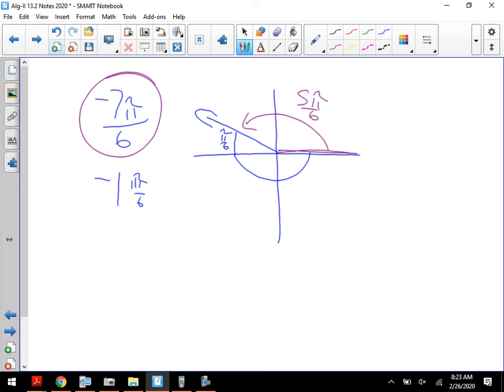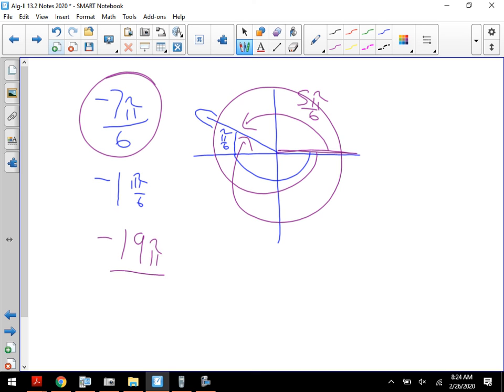So my other negative angle would have been all the way around at negative 19 pi over 6. And all I'm doing is adding, subtracting 2 pi, but I'm only adding it in terms of 2 pi with that denominator. It makes everything easier. Radians are so easy to work with. Okay? They're so easy to work with.